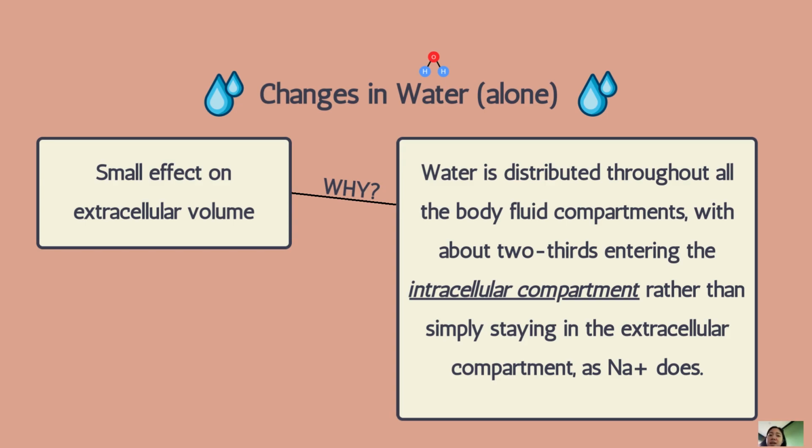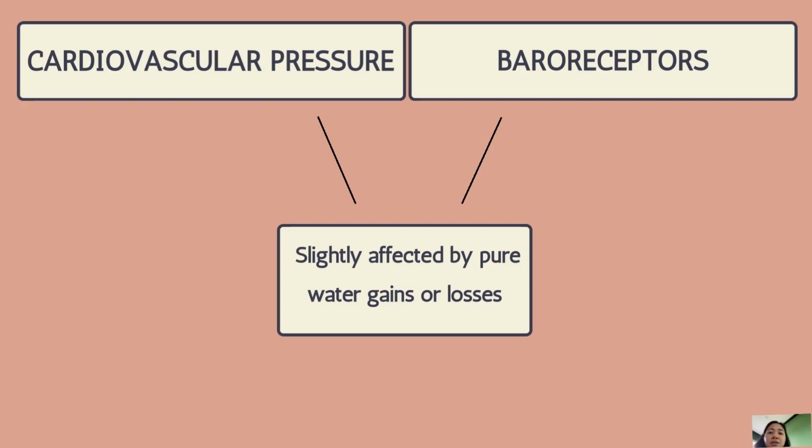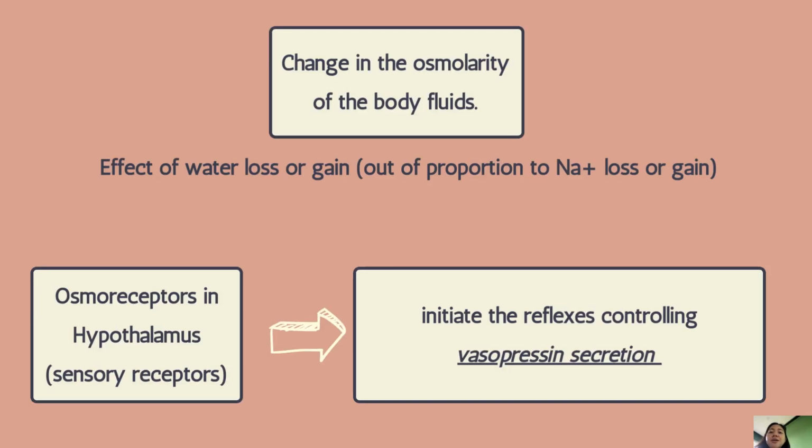Therefore, on the next slide, cardiovascular pressures and baroreceptors are only slightly affected by pure water gains or losses. The major effect of water loss or gain out of proportion to sodium loss or gain is a change in the osmolarity of the body fluids.